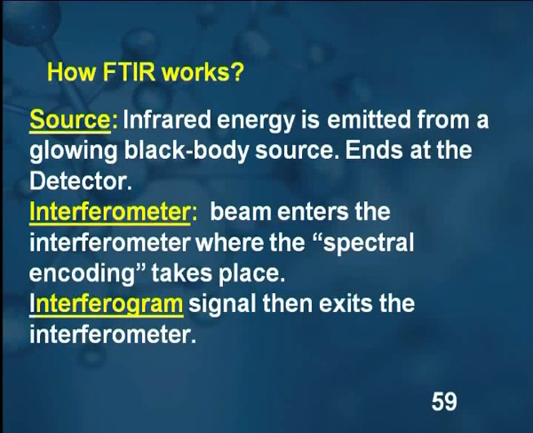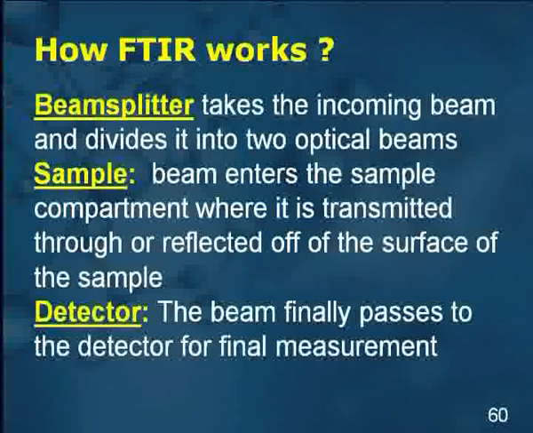Second is the interferometer. The beam enters the interferometer where the spectral encoding takes place. The interferogram signal then exits the interferometer. Then the beam splitter takes the incoming beam and divides it into two optical beams. One passes to the one mirror and the second to the second mirror. Then there must be a sample holder.